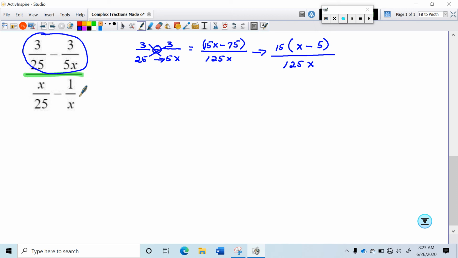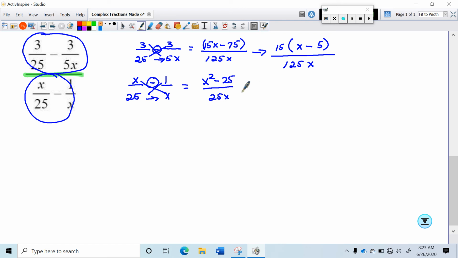So in the denominator over here, x over 25 minus 1 over x equals, multiply the bottom, 25 times x is 25x, cross multiply the top, x times x is x squared, minus in the middle, 1 times 25 is 25.